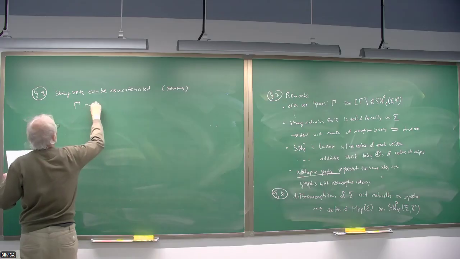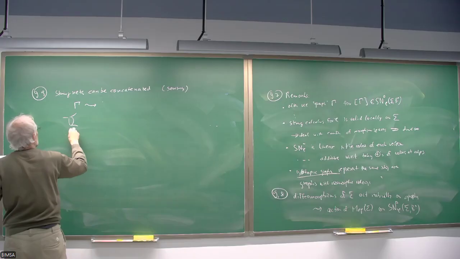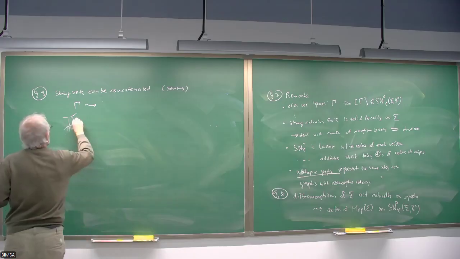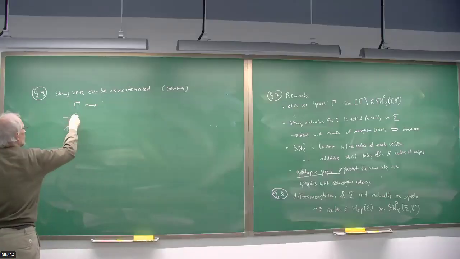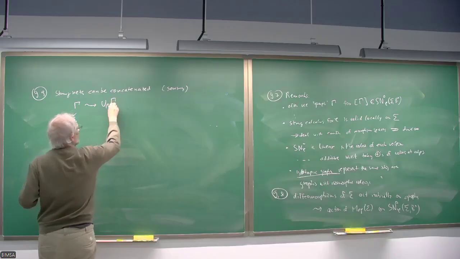I start from a graph gamma, and if I have a circle or interval along which I concatenate the graphs, then I write this in this form.